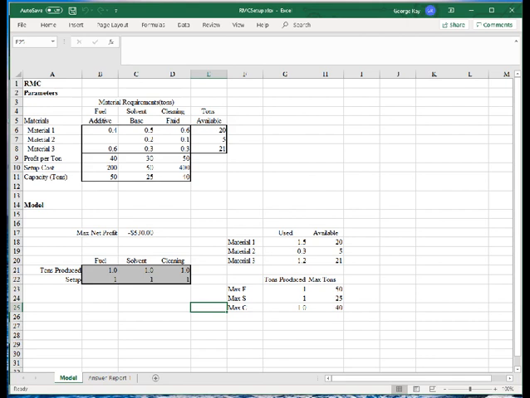So the decision variables are the tons of fuel additive produced, the tons of solvent base produced, and the tons of carpet cleaning fluid produced. And these decision variables are represented in the vector B21 through D21 under fuel, solvent, and cleaning, respectively.